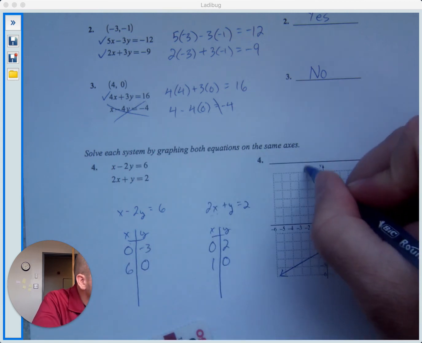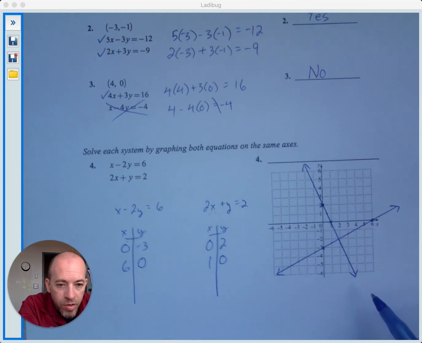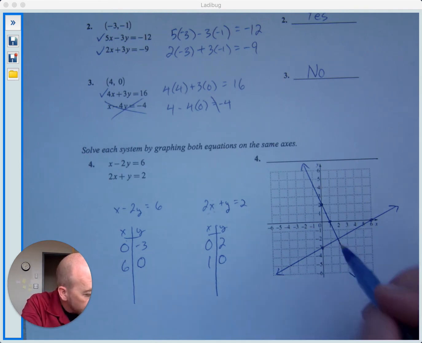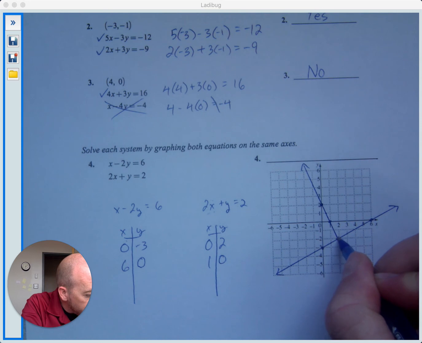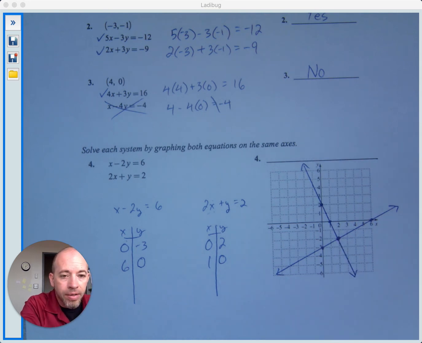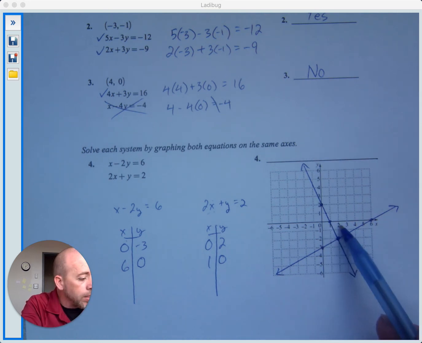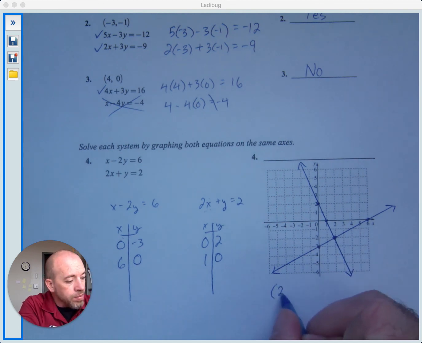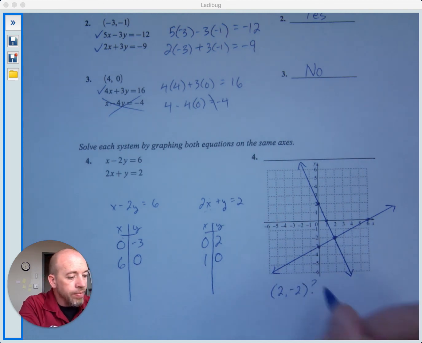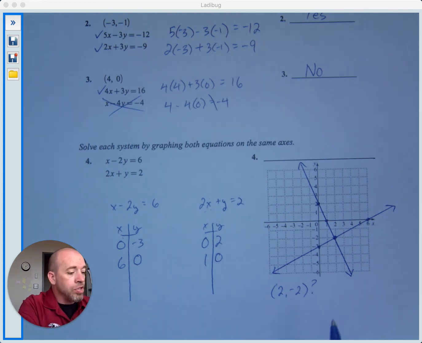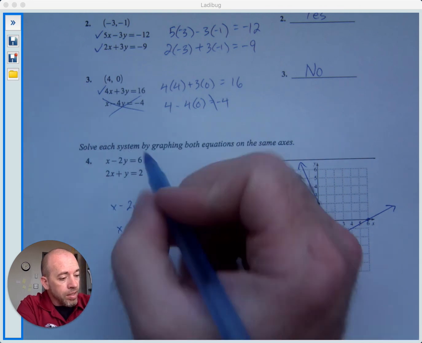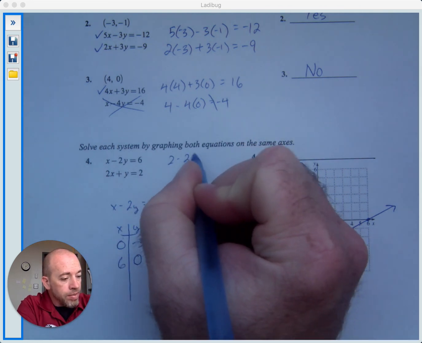And we're going to see if we can figure out where they're at. Now, because of human error, this may not fall exactly where it's supposed to, but it looks like they both intersect around about here, right about there, which looks like it's the point 2, negative 2. So 2, negative 2 appears to be a solution, and then all we need to do is check in both equations to make sure it works. So let's see, 2 minus 2 times negative 2.